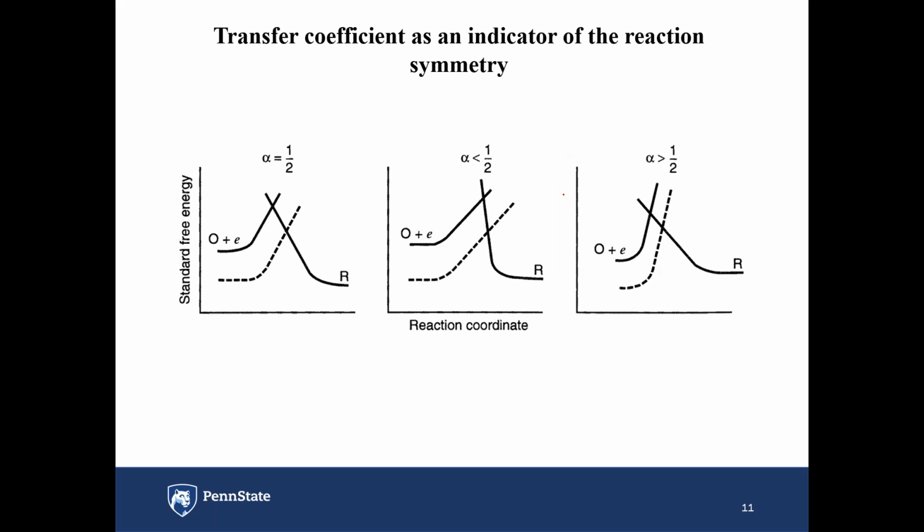So here I want you to have some basic idea of why people are trying to develop a parameter like this, because alpha tells us whether a reaction is naturally prone to happen forward or backward, because it is not always equal to 0.5.